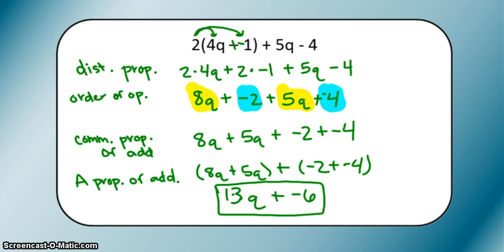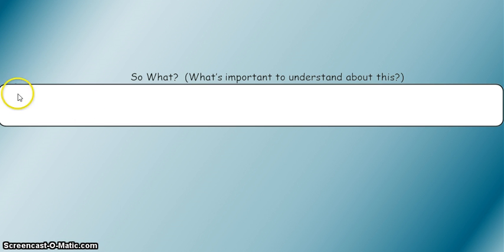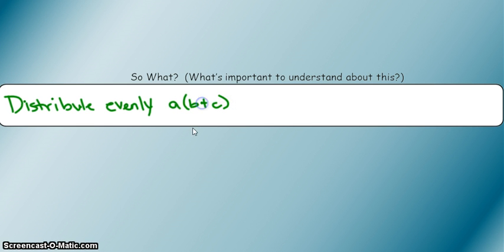Going on to your so what? You need to distribute evenly. That means if I have A times B plus C, you must distribute this out.